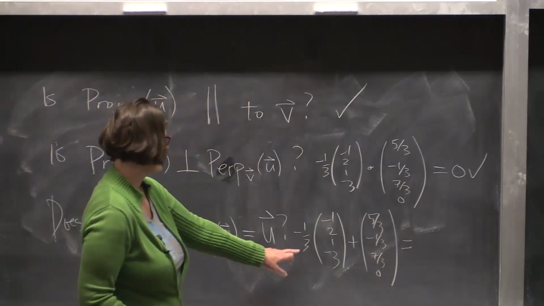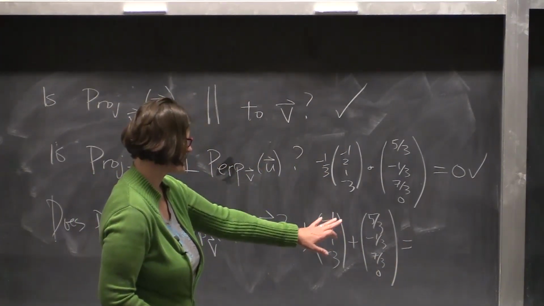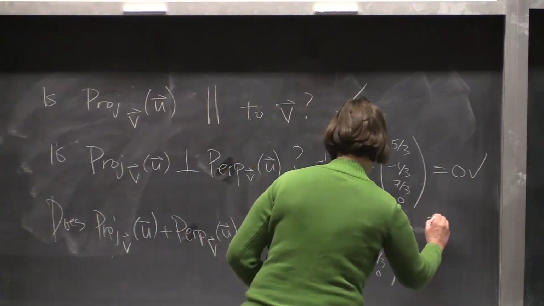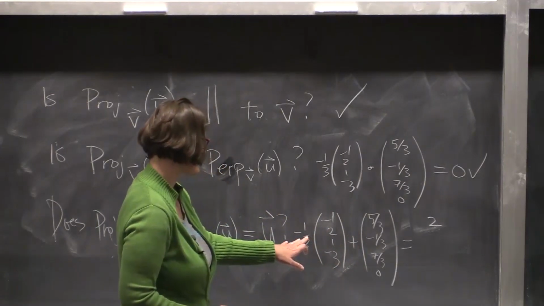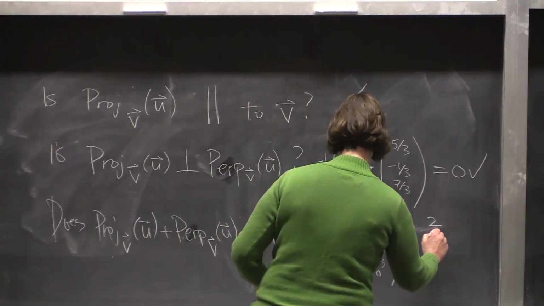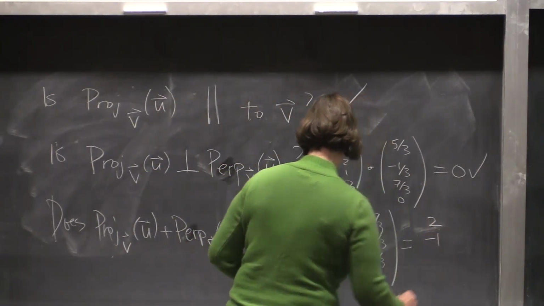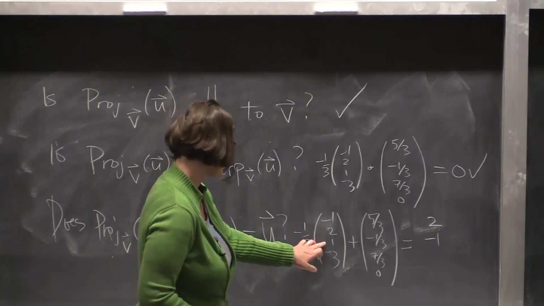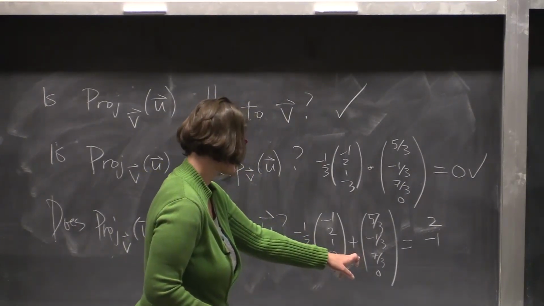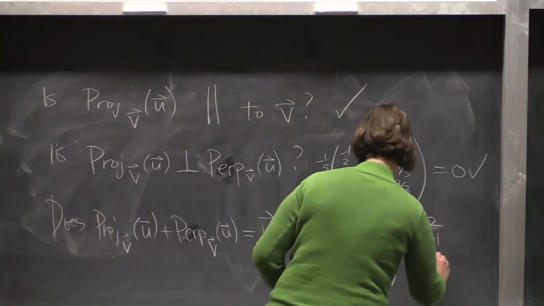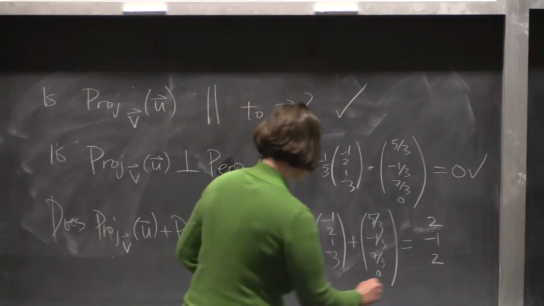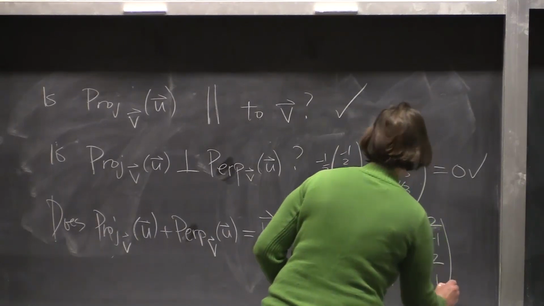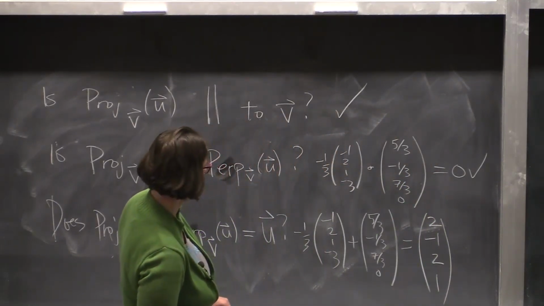So here we have 1/3 plus 5/3 is 6/3, which is affectionately known as 2. Minus 2/3 minus 1/3 is minus 3/3, also known as minus 1. Minus 1/3 plus 7/3 is 6/3, also known as 2. Minus 1/3 times 3 is 1. Yes?